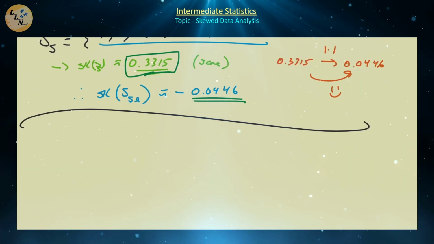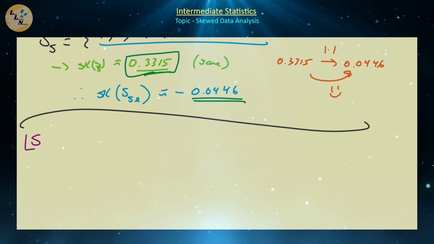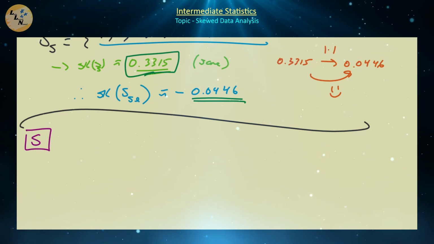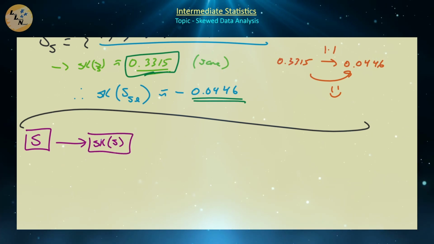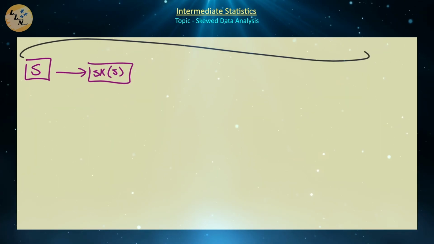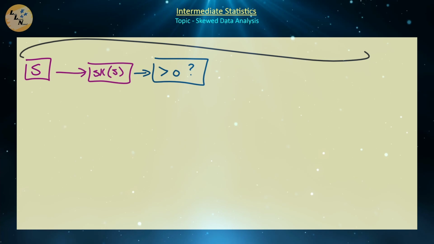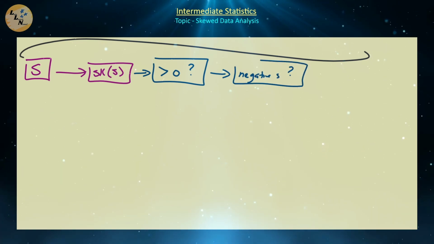And that's pretty much every scenario that you could come up with. So let's outline the log transform and those steps, okay? Let's assume we have an original data set. The very first thing we need to do is calculate the skewness coefficient of that data set. From the skewness coefficient, we ask ourselves, is it greater than 0? If it is greater than 0, we ask ourselves, does it have negatives?